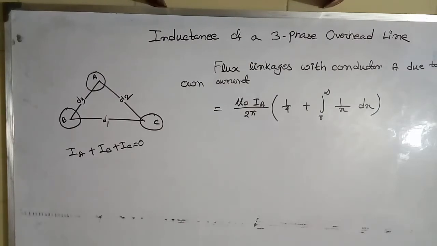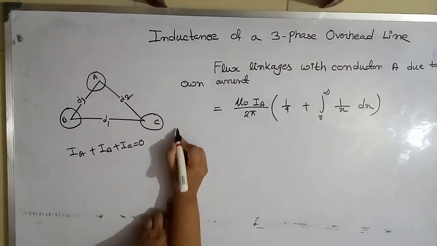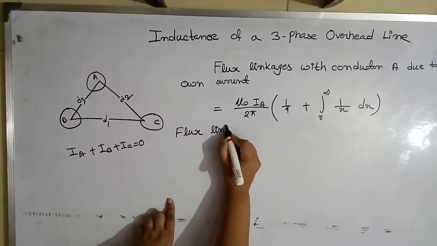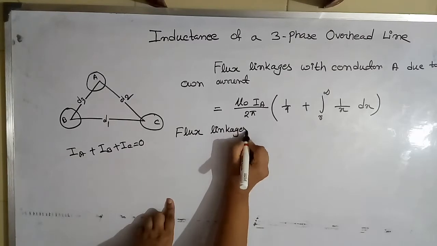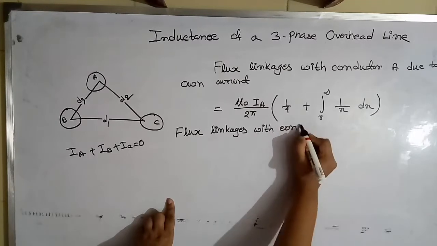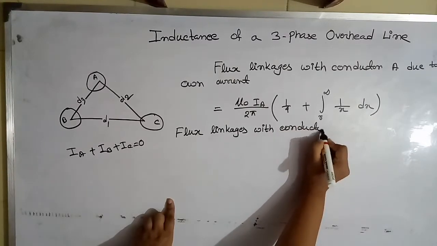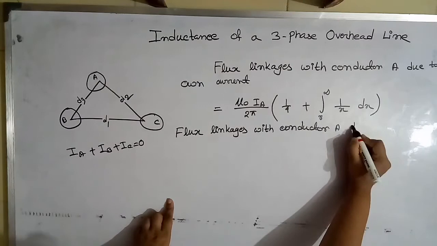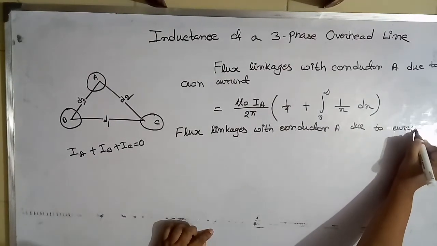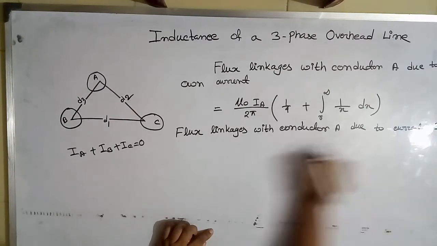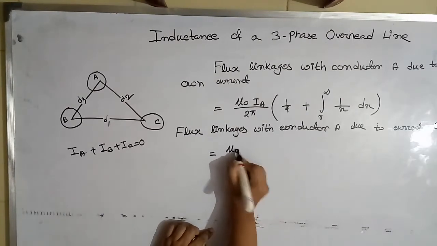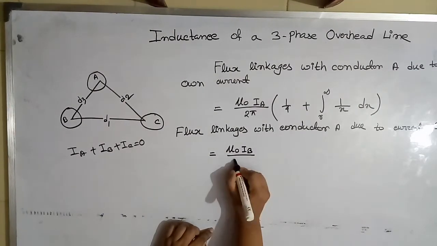Now flux linkages with conductor A due to current IB is given by mu 0 IB by 2 pi.